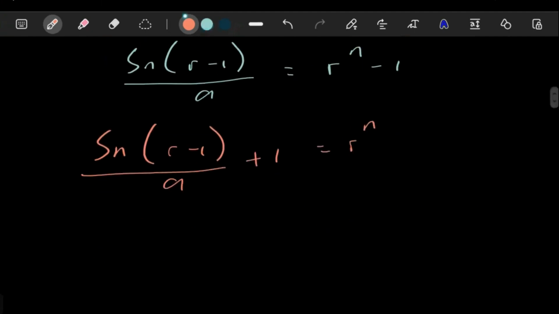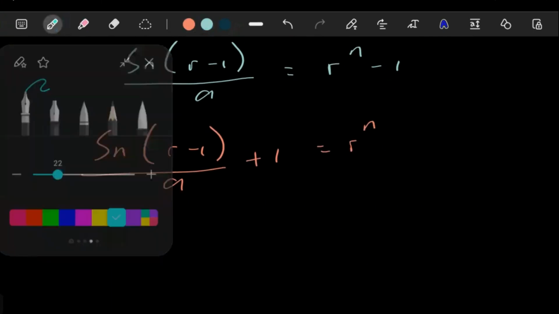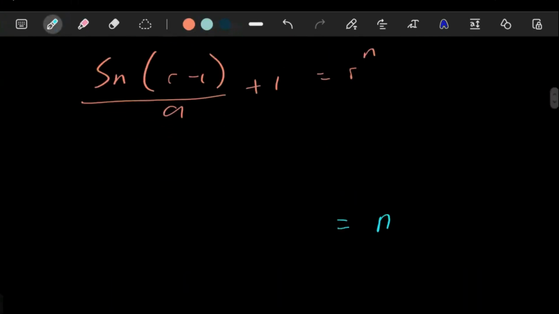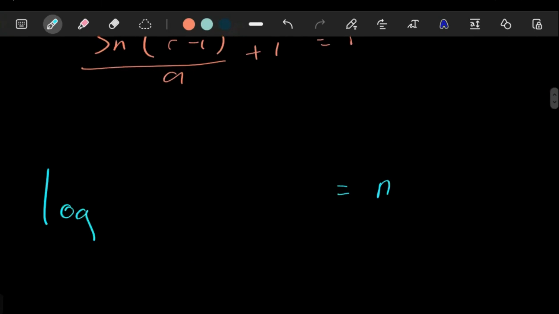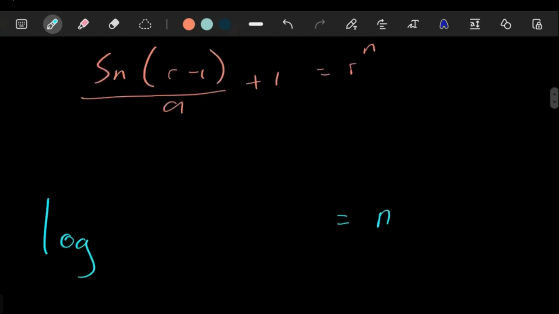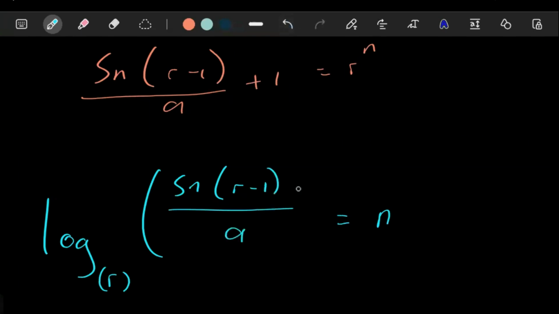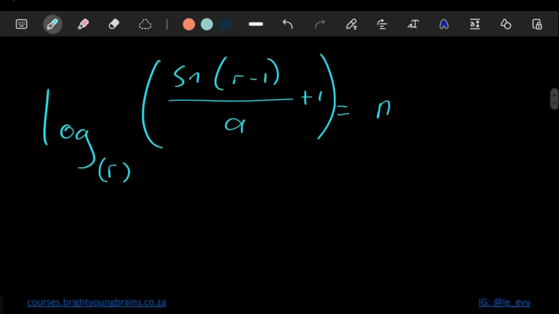Since we want to isolate n, we can use logs. So n is going to be log, where the base of the exponent is r, so that's the base of the log, and this whole value stays the way it is, over a, plus 1. There we go. Let's put the numbers in the calculator and get an answer.